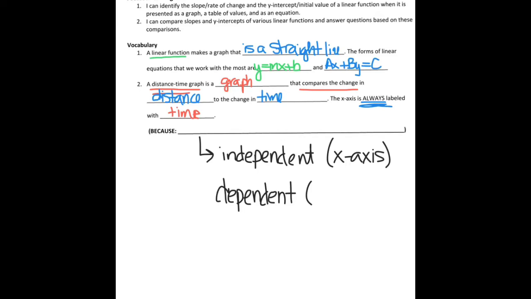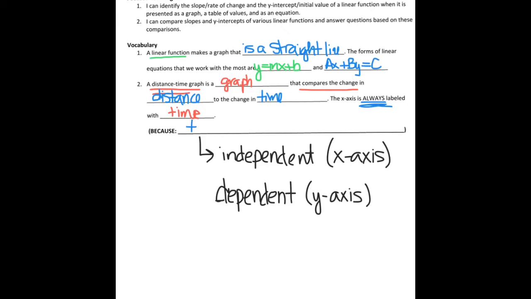The dependent variable is always the y-axis. And time does not depend on anything, whereas how far you go depends on how long you're traveling, right? So the distance depends on the time.